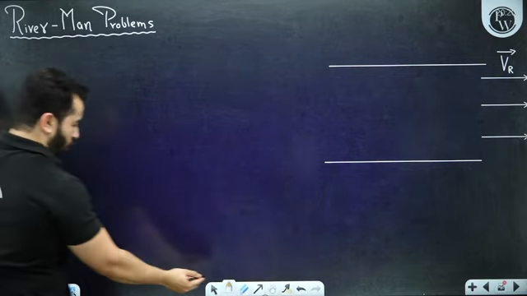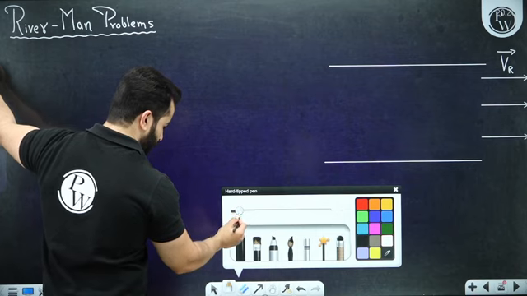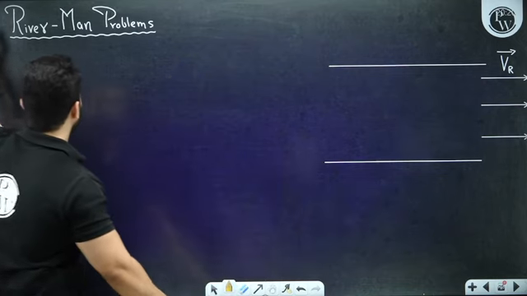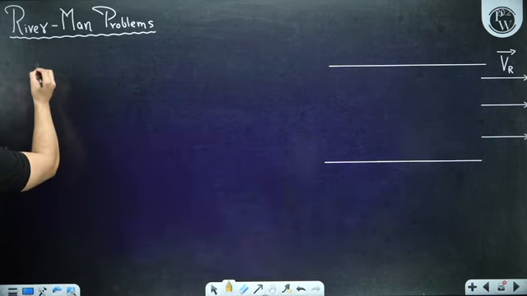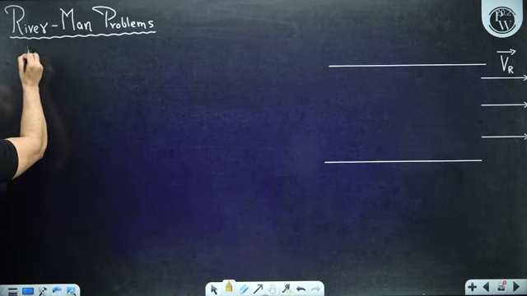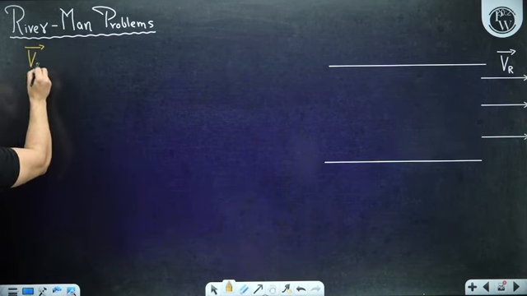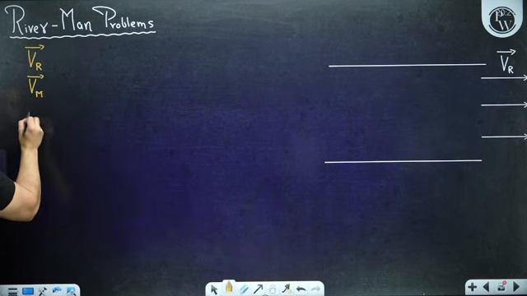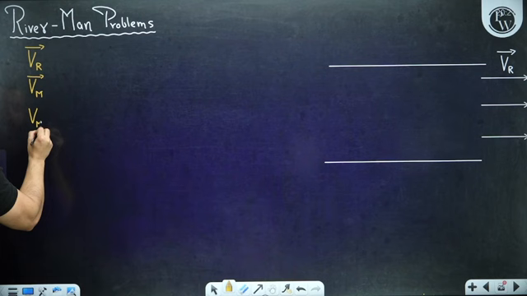We are going to talk about velocity of river, velocity of man, and velocity of man with respect to river.